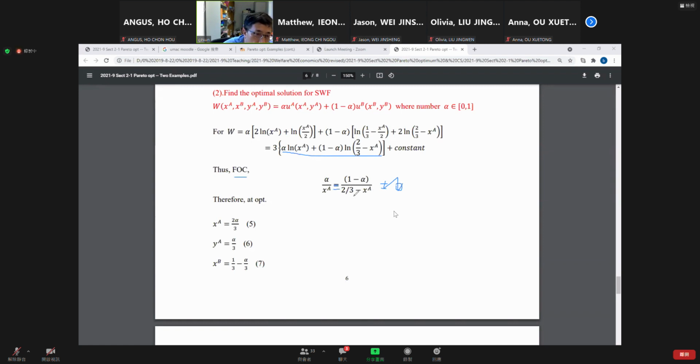What does that mean? Basically, you should divide this term into 2 parts. One part is XA, and the rest is another one.